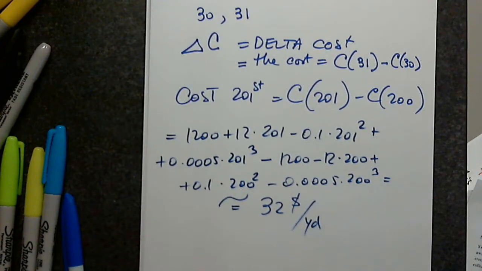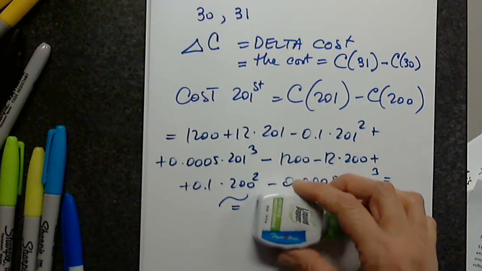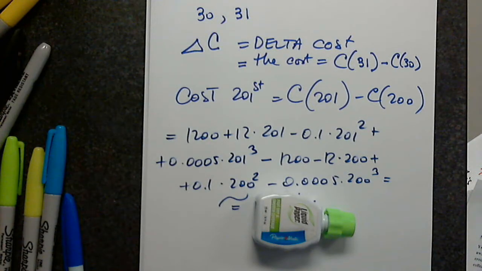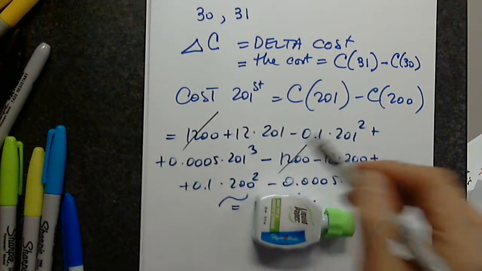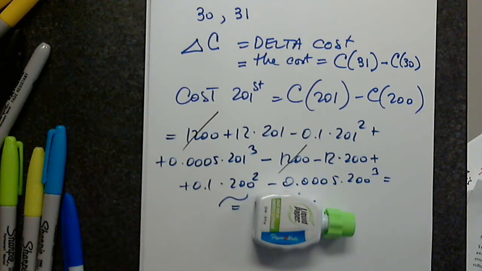Okay, so what did we get? We're still calculating it? Well, I hope you didn't put a 1200 because it's going away. Okay, I got 32.2005.